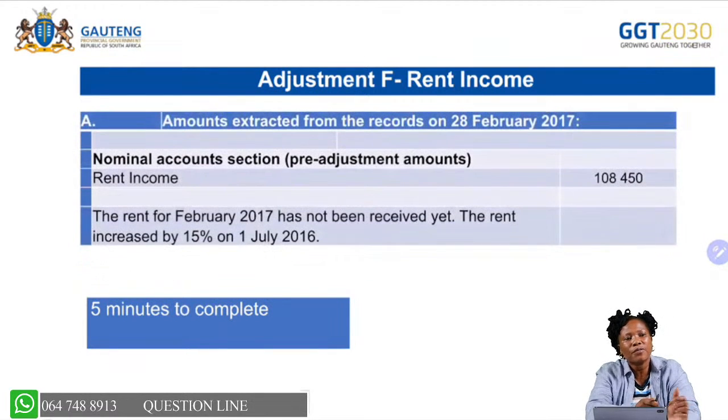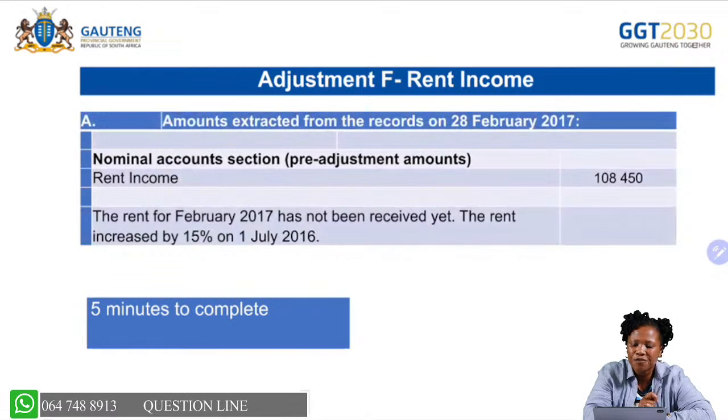Now I'm going to give you an activity to do just for 5 minutes. No, I'm going to take it down to 2 minutes because I'm looking at the time. I will just give you only 2 minutes just to read the transaction, to do few calculations. Look, the rent for February has not yet been received. The rent increased by 15% on 1st July 2016.